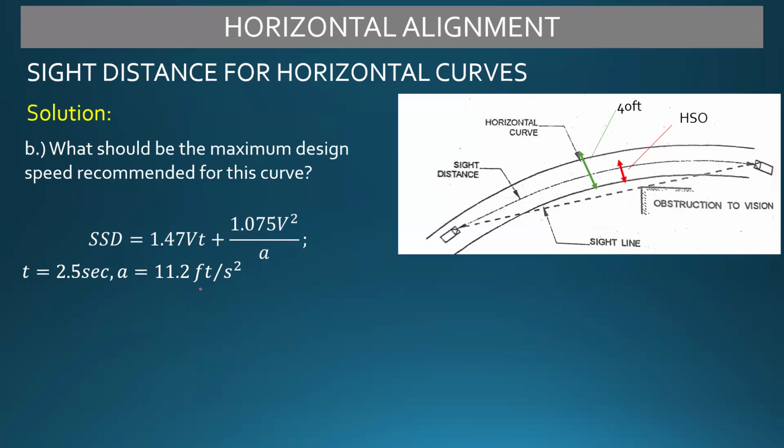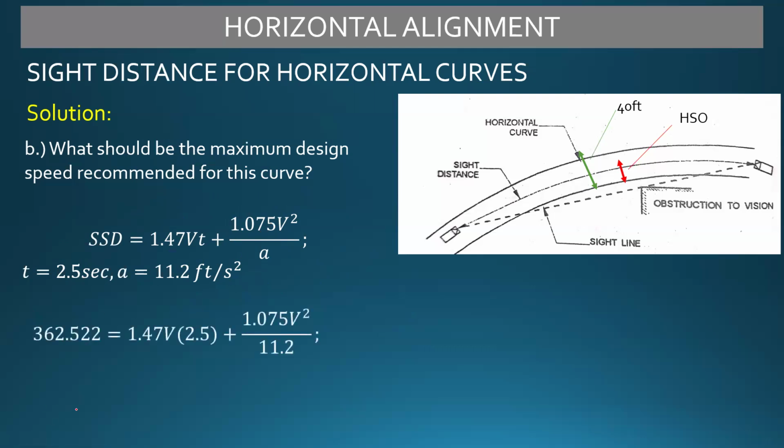Since it is not given, we use the standard, which is 11.2 feet per second squared, and our T is 2.5 seconds. Remember the concept of the formula; the 1.47 and 1.075 are just conversion factors. Try to solve it on your own; I will not discuss it here.